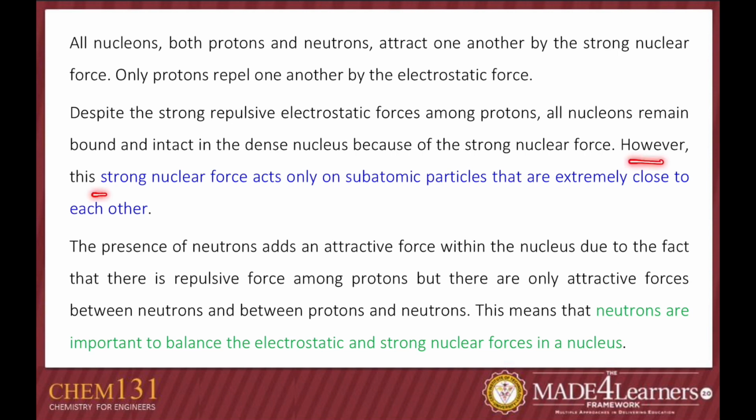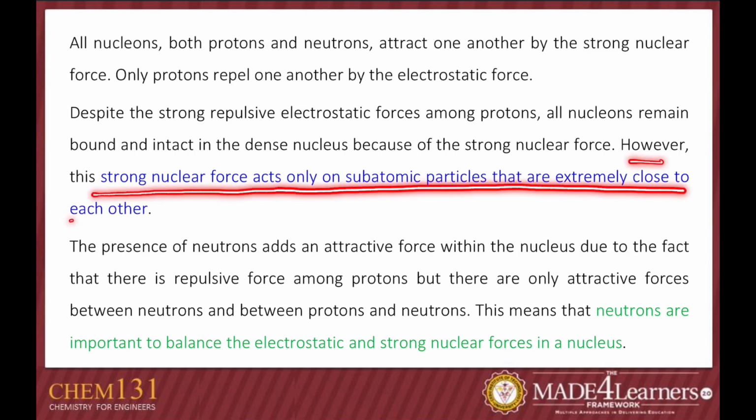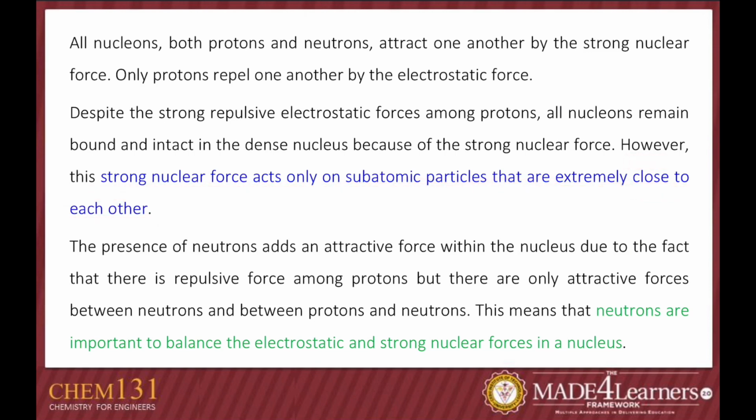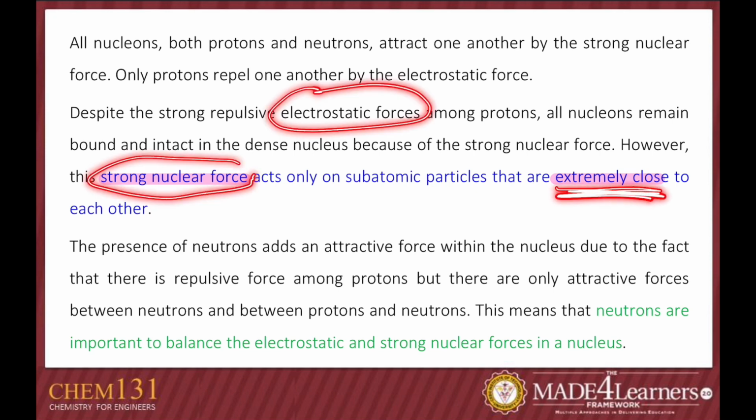However, this strong nuclear force acts only on subatomic particles that are extremely close to each other. It is strong, but there is a condition that they have to be extremely close to each other. Otherwise, dili siya mudaog. Ang mudaog si electrostatic force kung dili sila extremely close to each other.